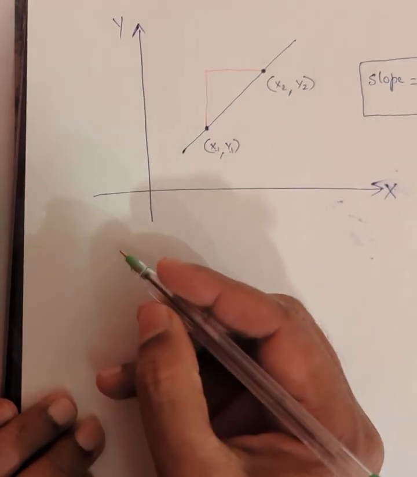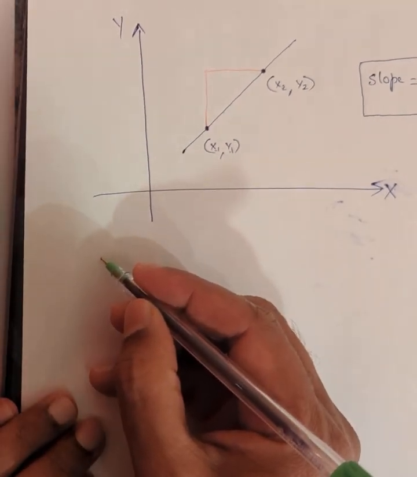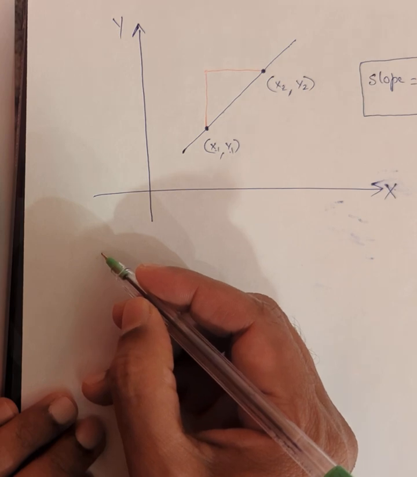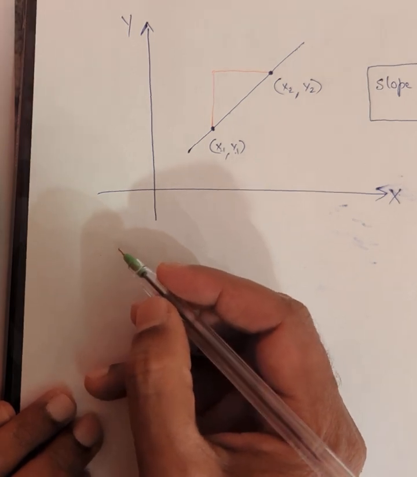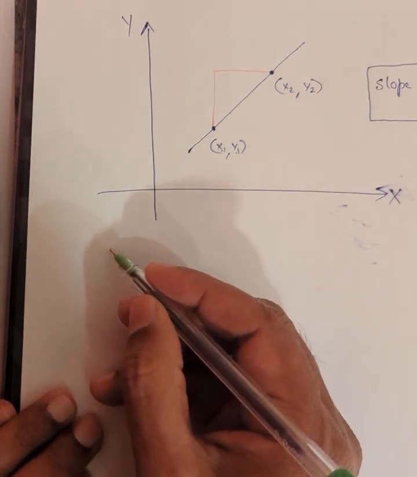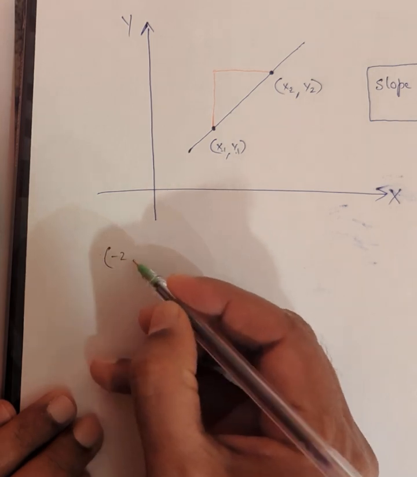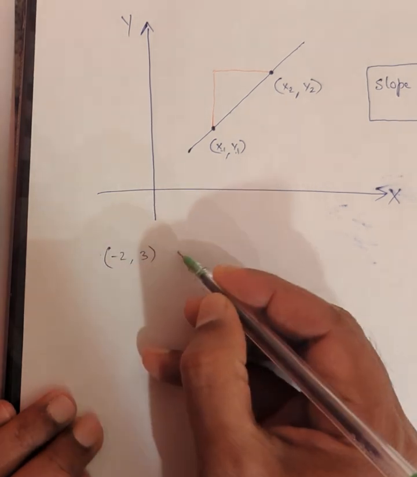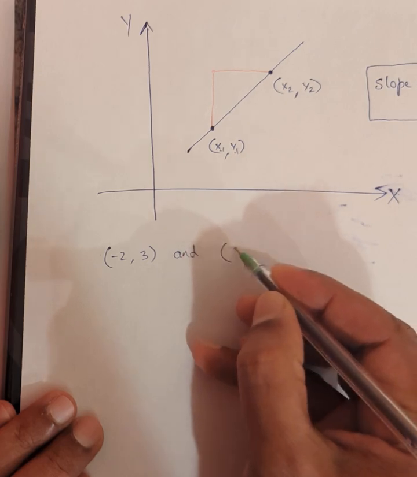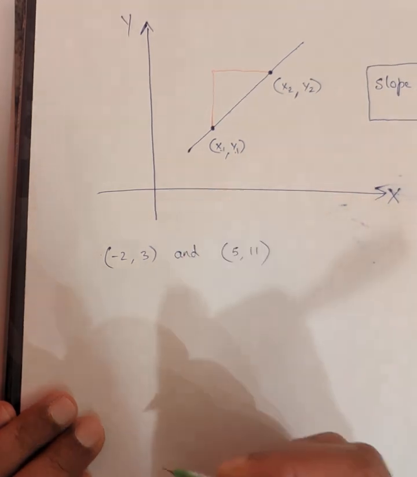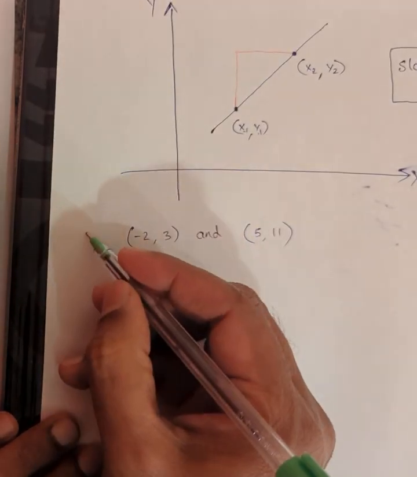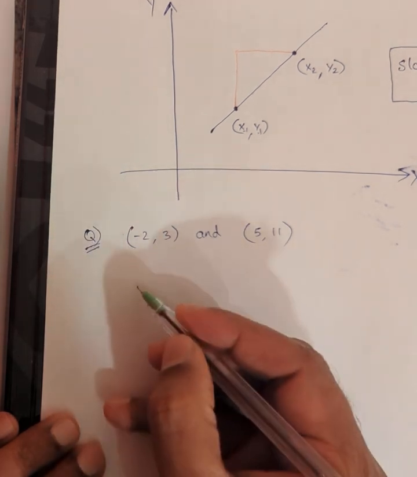Let's do some practice problems. So say the question says find the slope of the line joining 2 points, (-2, 3) and (5, 11). Okay. So this is the question.